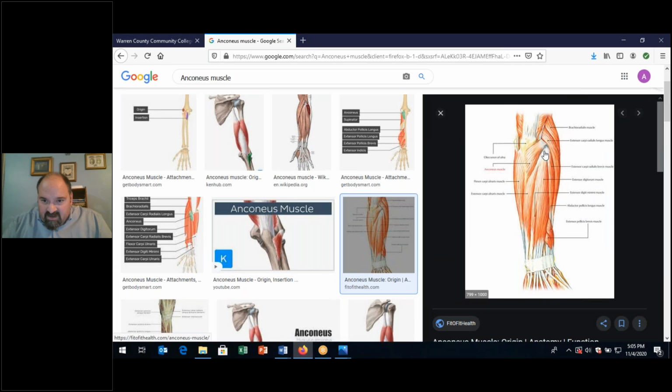On this muscle right here, the anconeus is adjacent to the olecranon process. So your elbow, what you would point to as your elbow, adjacent to it you're seeing also brachioradialis, extensor carpi radialis longus, and then here would be the anconeus adjacent to the olecranon process. Okay.